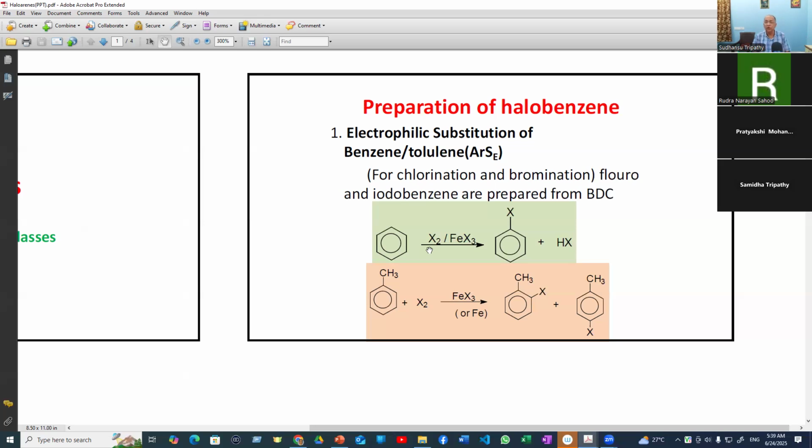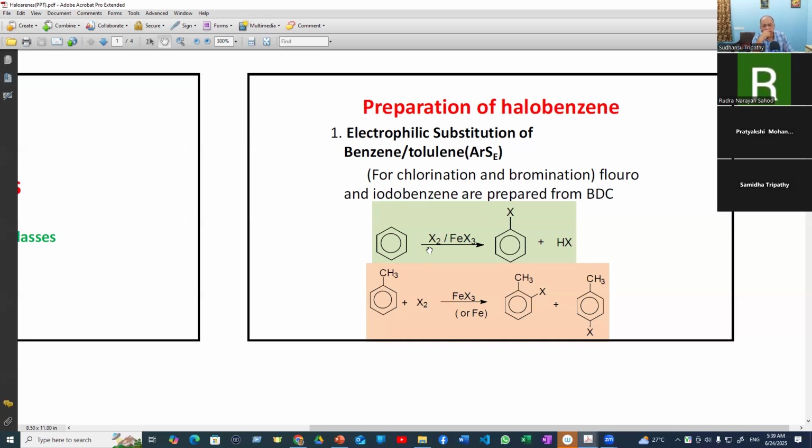But if it is a group like acetoxy, OCOCH3, like bromine, like iodine, or a bulky group like tert-butyl, or a sulfonic acid group, in that case we will find the ortho product very, very minor or almost absent.